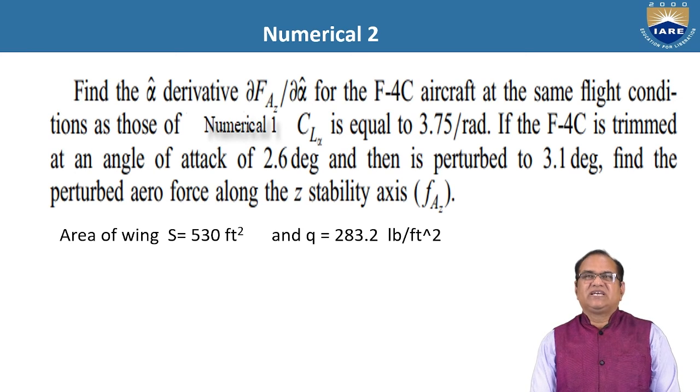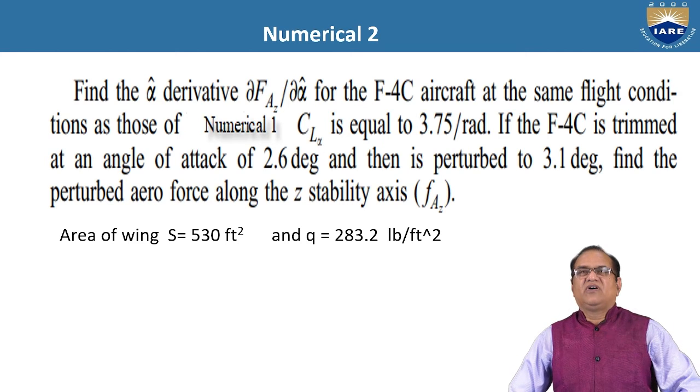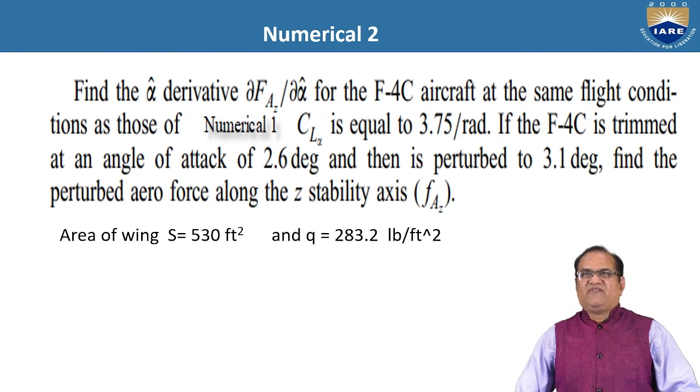I will just take them up again. So here: find the alpha derivative dFaz by d alpha for the F4C aircraft at the same flight condition as in the previous numerical one.